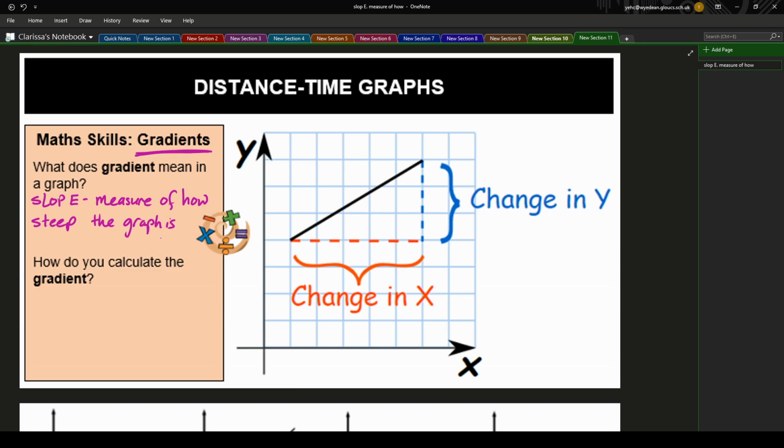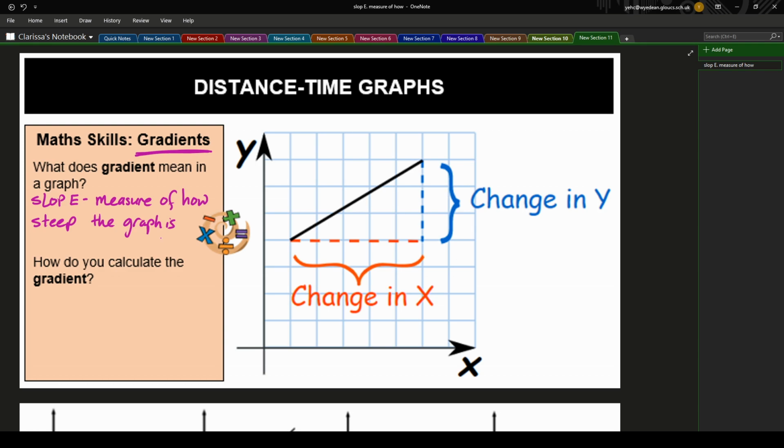So if we had a bigger gradient, that means it's more steep. If we had a lesser gradient, like a lower gradient, that means it's less steep. And the gradient is pretty much just a number, and the bigger that number, the more steep it is. The lower that number, the less steep it is.